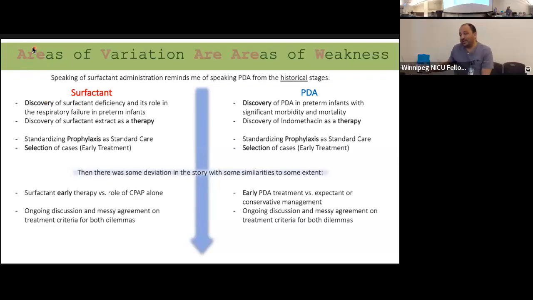Thank you so much, Doctor. And as I mentioned in this slide, areas of variation are the areas of weakness. The main cause for not having better performance is that everyone is doing it in a different way. Even for MIST, just one method, it is done differently in every single center, even among ourselves when we are intubating.